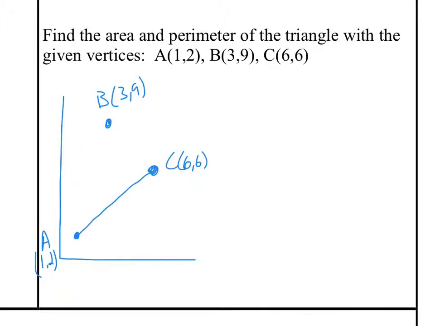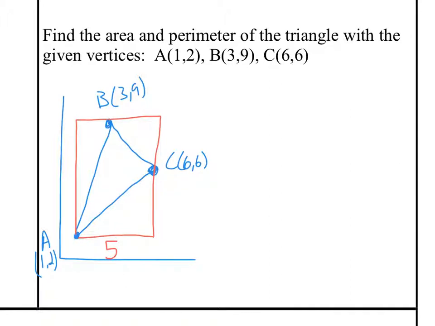And we are supposed to find the area and the perimeter. Well, I'm going to do the area first. So I'm going to draw in a rectangle that would go around all of these vertices. So the distance from 1 to 6 for the bottom of the rectangle would be 5.